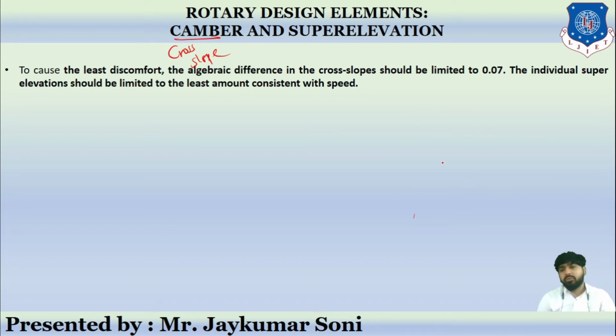And super elevation, you know that if this is the inner edge of road and this is the outer edge of road, the outer edge will be raised with respect to the inner edge. So this will be the height and that is called as super elevation.